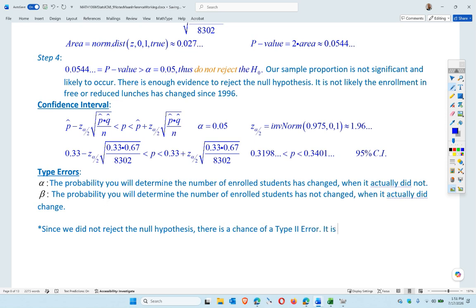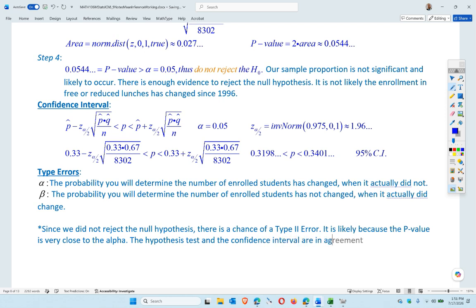It is likely because the p-value is very close to alpha. So look here, 0.054, 0.05, very close. The hypothesis test and the confidence interval are in agreement.